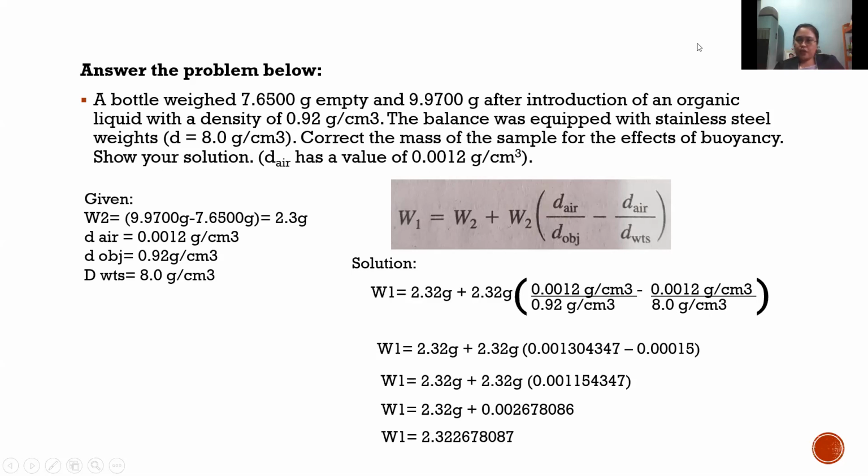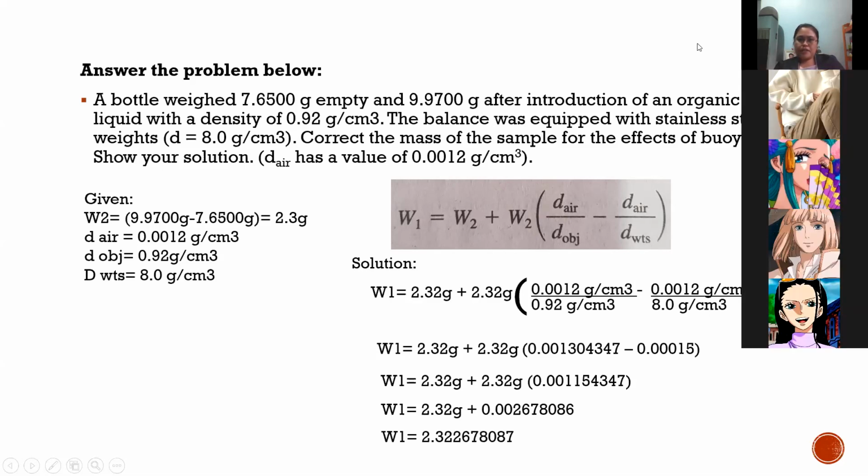So 2.32, class, always remember this is the mass of your object. We get it by subtraction. Whether it is weighing by addition or weighing by difference, we really have to subtract first. To get the weight of the sample, it is the container with the sample minus the weight of the container. So that's 2.32.